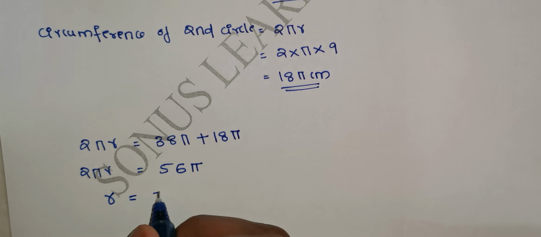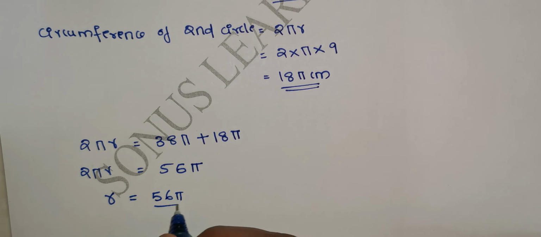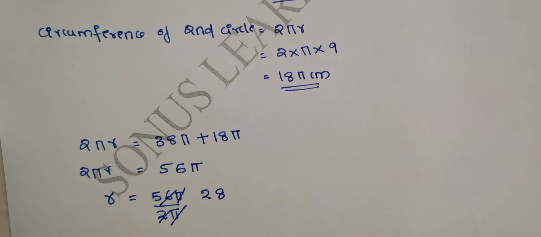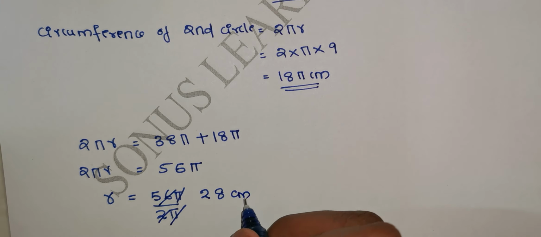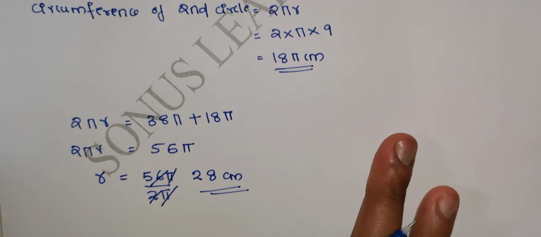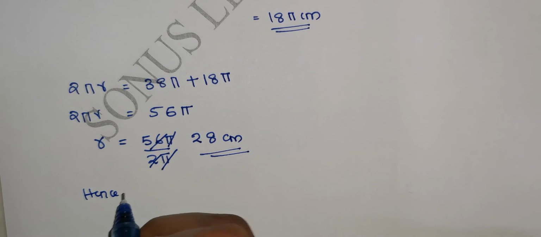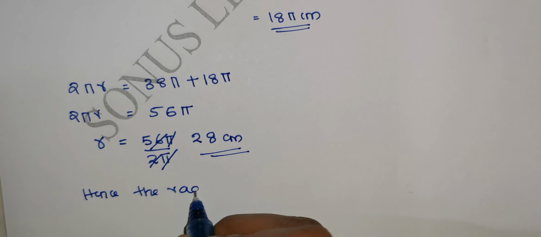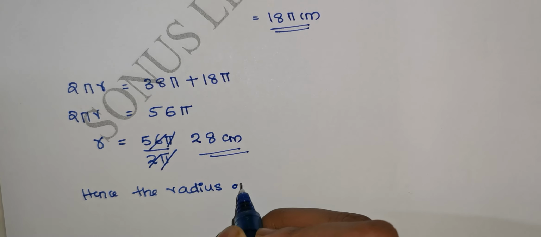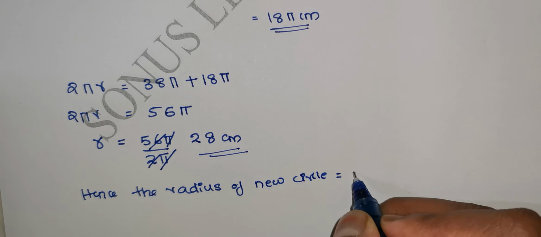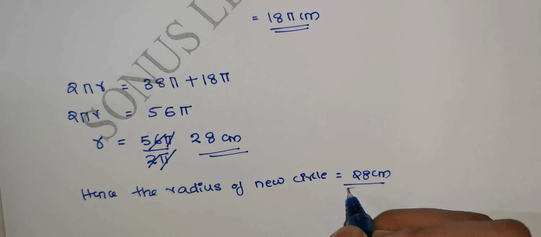So r is equal to 56 pi by 2 pi. I can cut pi and pi, and 2 and 56. 2 2s are 4, 2 8s are 16, so that is 28 centimeter. Hence the radius of the new circle is equal to 28 centimeter.